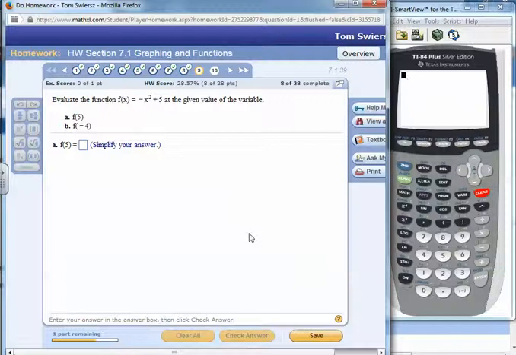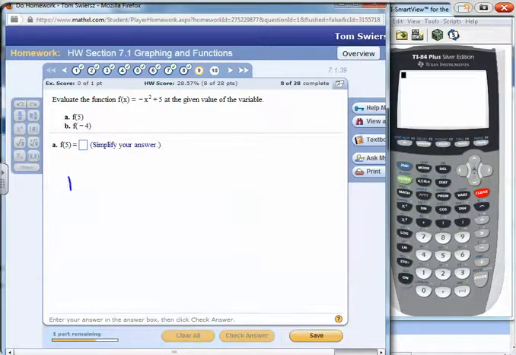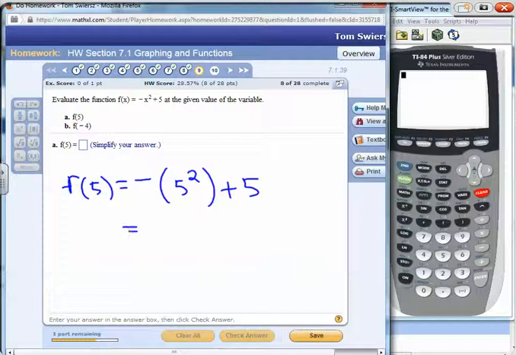So we're going to get f of 5 equals the opposite of x is 5, 5 squared plus 5. Now remember, this minus is outside, so the base is 5. So it's 5 squared is 25, and the opposite of 25 is a -25 plus 5. -25 plus 5 is a -20. So there's our answer for f of 5.